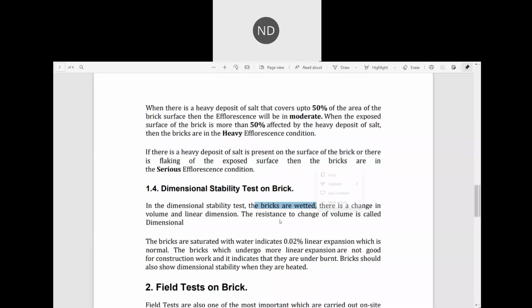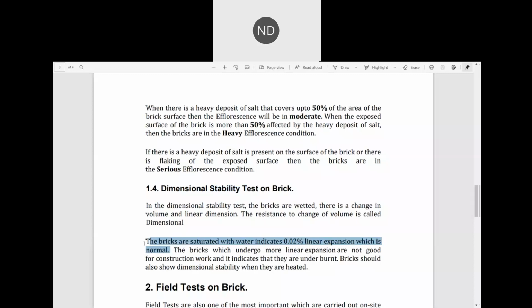Those bricks which can resist this volume change have more dimensional stability, or you can say there is less change in dimensions. They can resist the change in dimension when the brick is subjected to water or other liquid materials. The bricks saturated with water indicate 0.02% linear expansion.